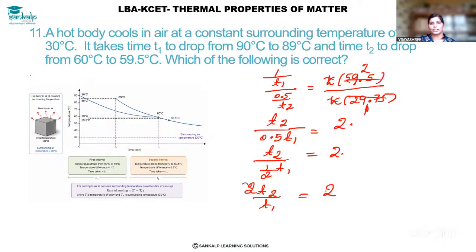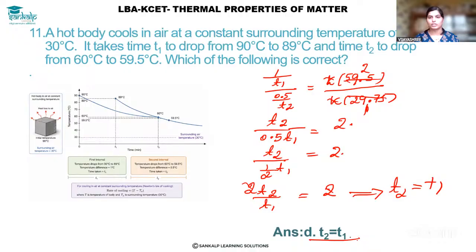So 2 gets cancelled, which implies T2 equal to T1. So it is the final answer. So option D, T2 equal to T1. Both time intervals are equal. Second time interval equal to first time interval. Thank you.